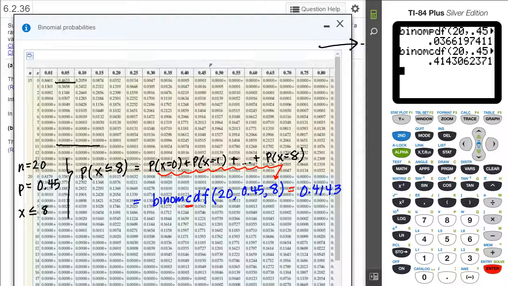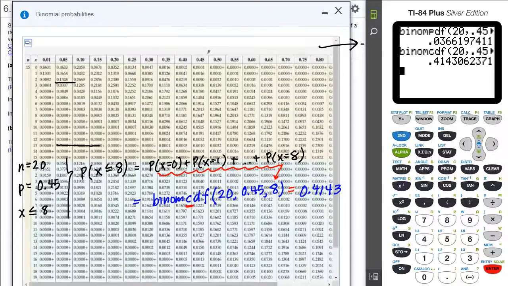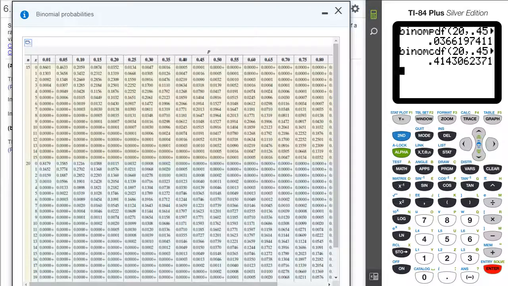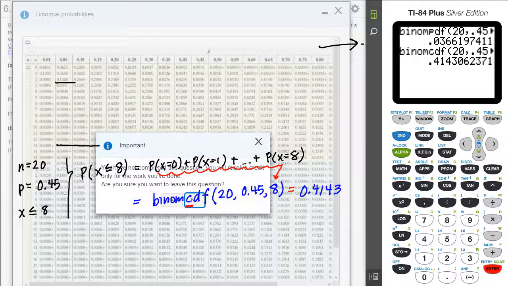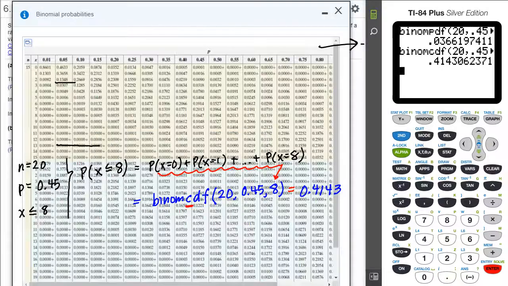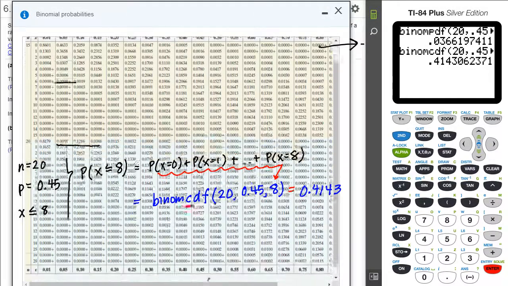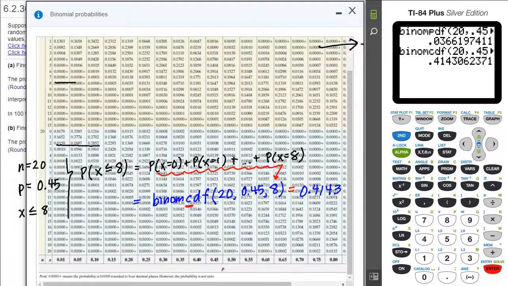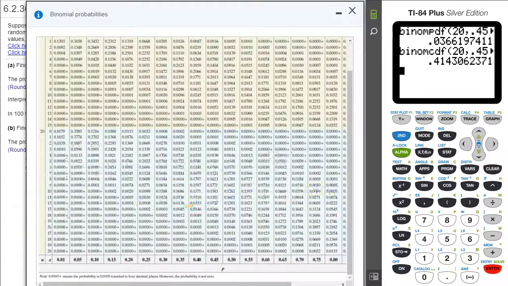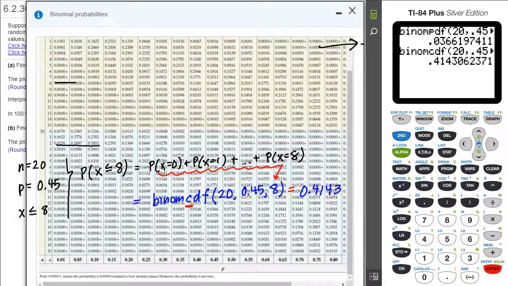If you're doing it from the table, you won't be provided a cumulative table on the exam, so go from the binomial table. Remember our sample size was 20. Okay, so probably x less than or equal to 8.